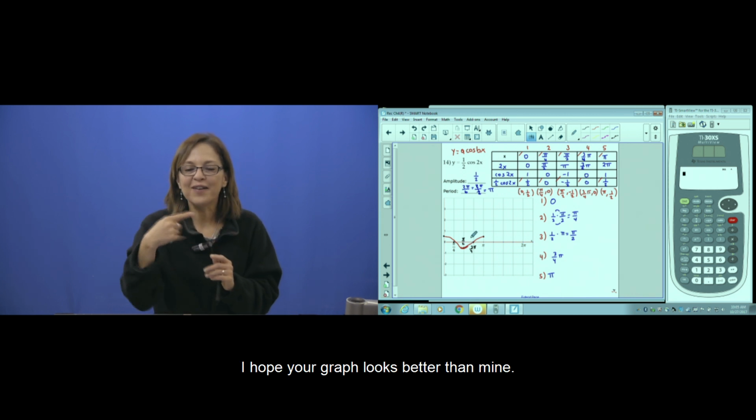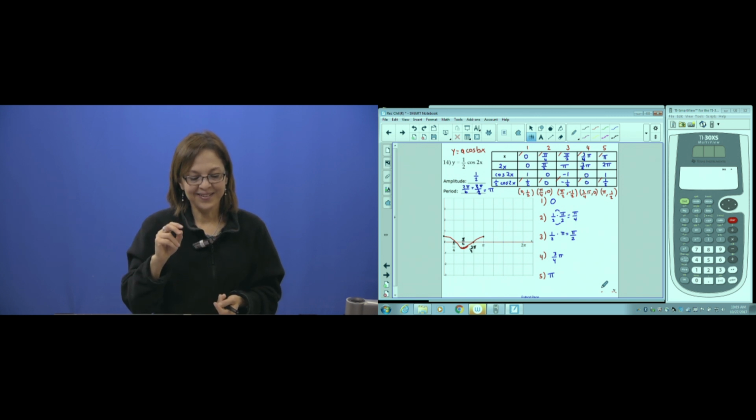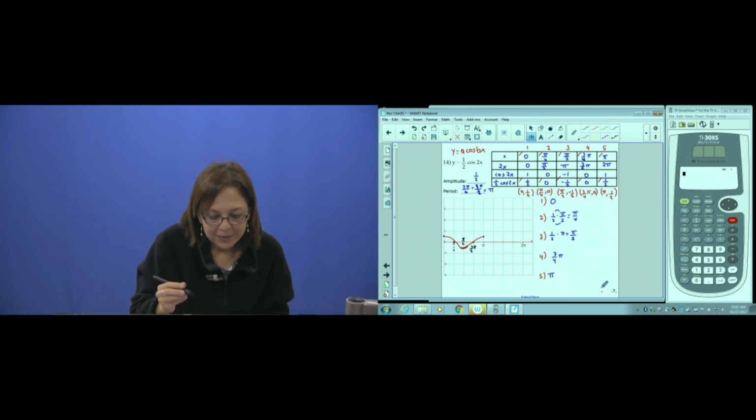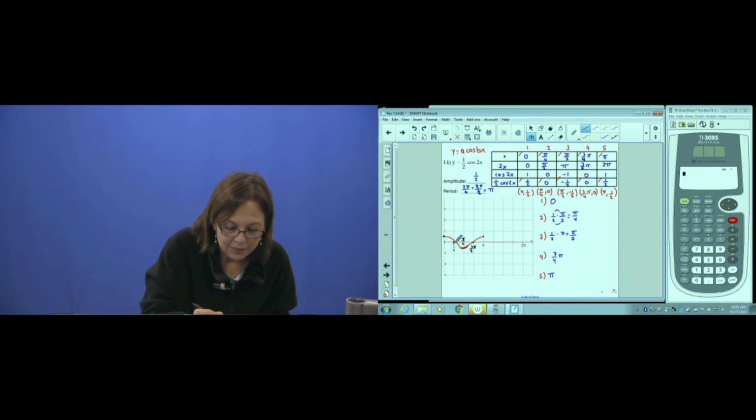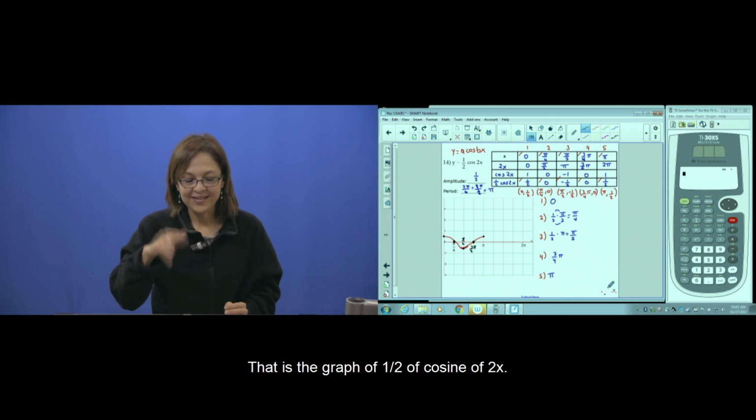I hope your graph looks better than mine. That is the graph of 1/2 of cosine of 2x.